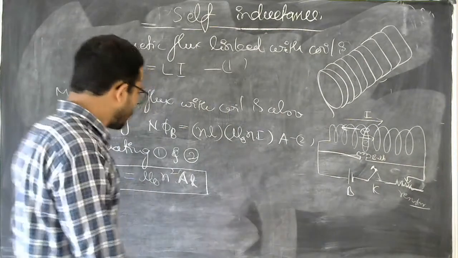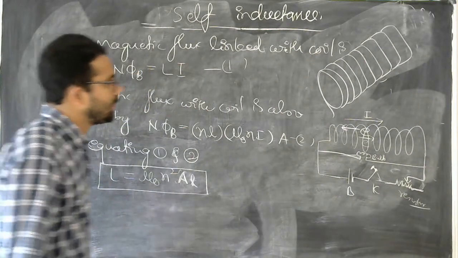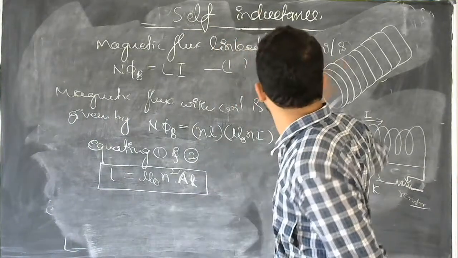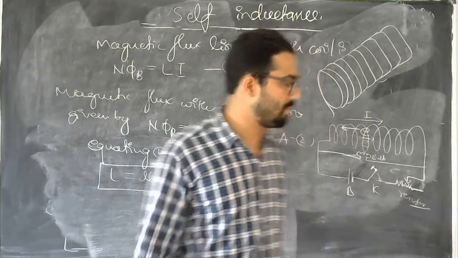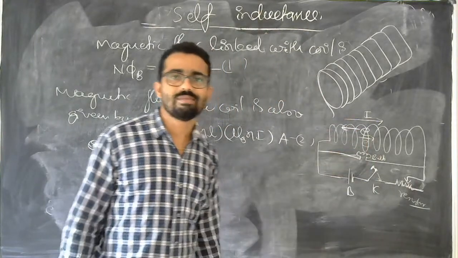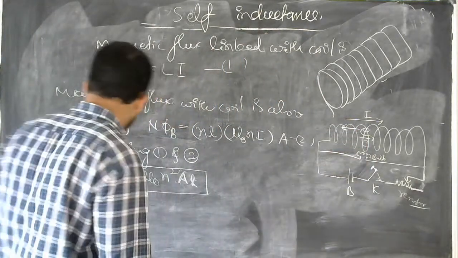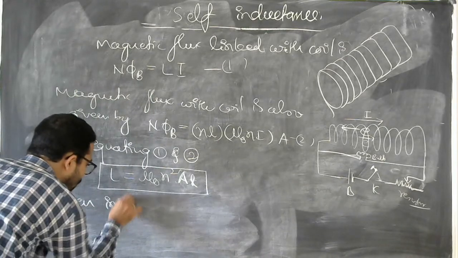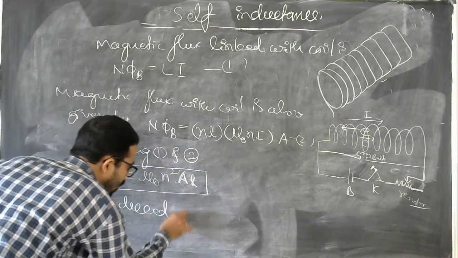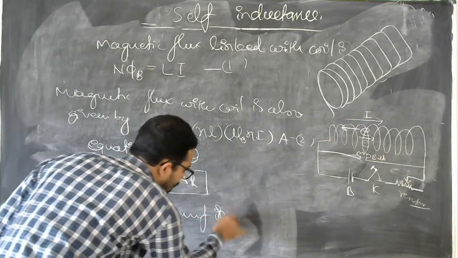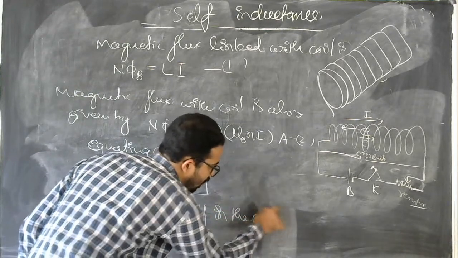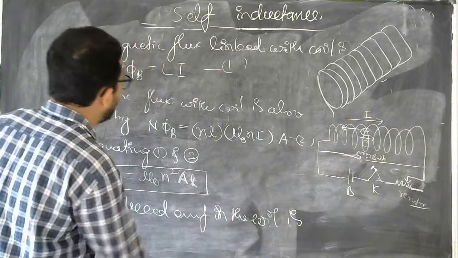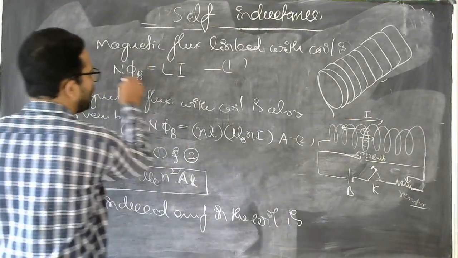Now, can we write the equation for the EMF induced in this one? I told you that whatever EMF is induced is called a back EMF. Whatever induced EMF is in the coil can be written with the help of this.